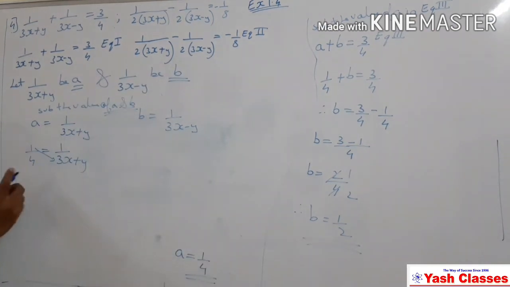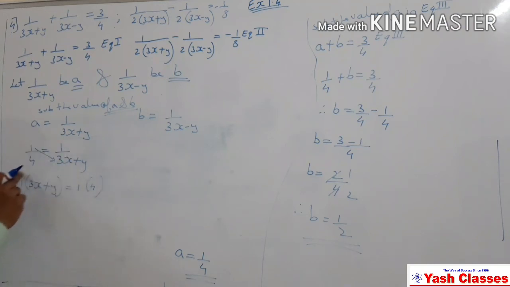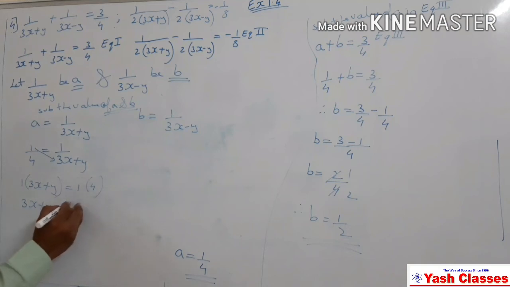Okay. Now cross multiplication. 1 multiplied by 3x plus y is equal to 1 multiplied by 4. Cross multiplication. 3x plus y is equal to 4.